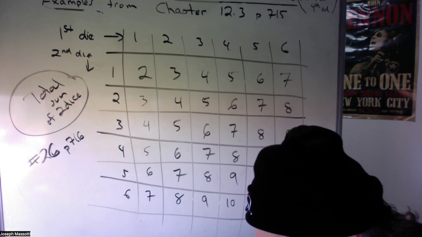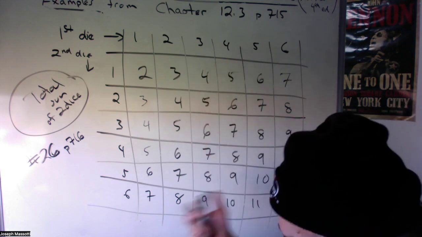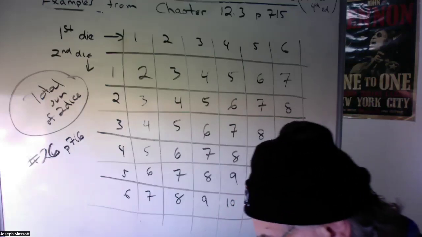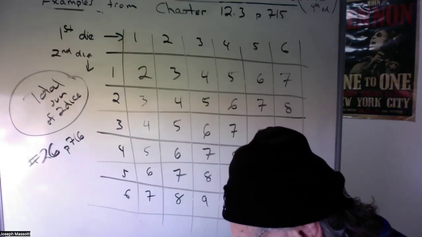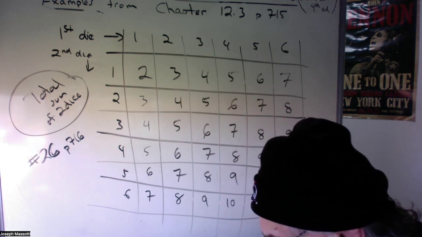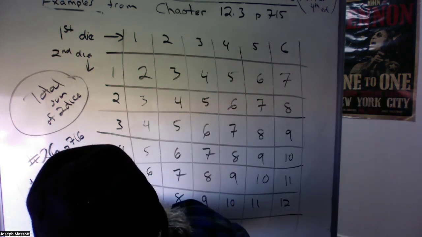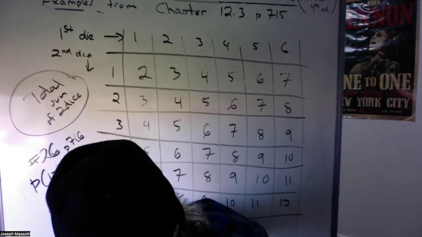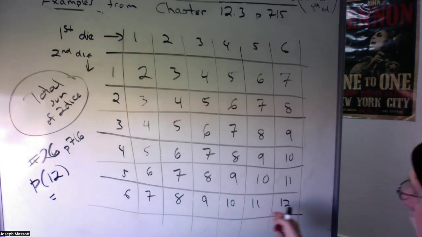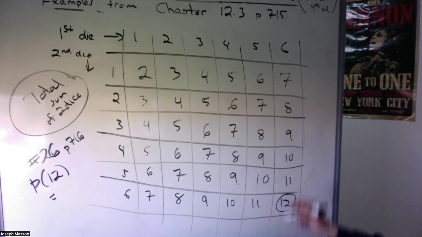Compute the probability that the sum of the pips, the dots on the dice, on the upward faces of the 2 dice is each of the following, in this case, 12. All right, so we're looking for the probability that the sum is 12. Well, there's only one where the sum is 12, where you get a 6 and a 6, double sixes, right? Double sixes give us 12.